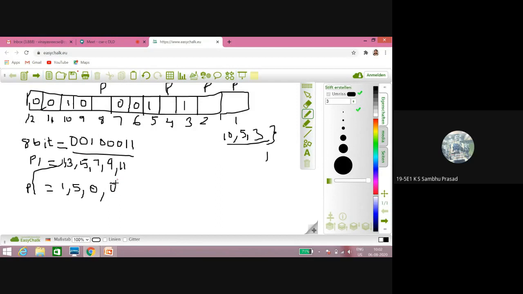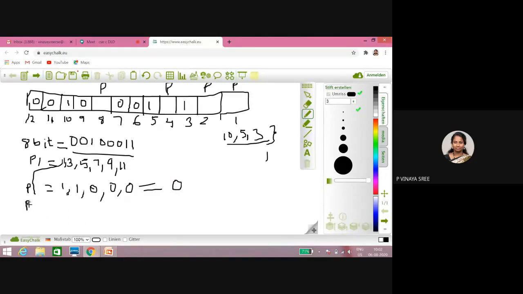Next, 5, 1. Then 11 also 0. What value will we get? It is even parity. We are doing even parity. So already 2 ones are there, so P1 will be 0.